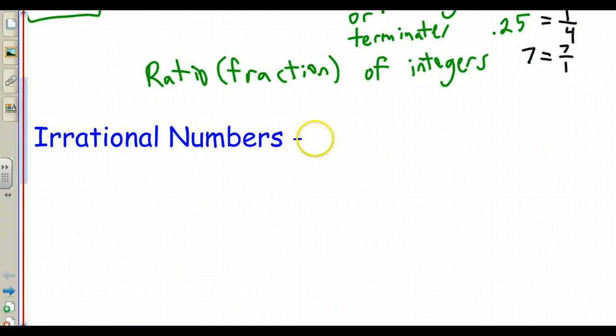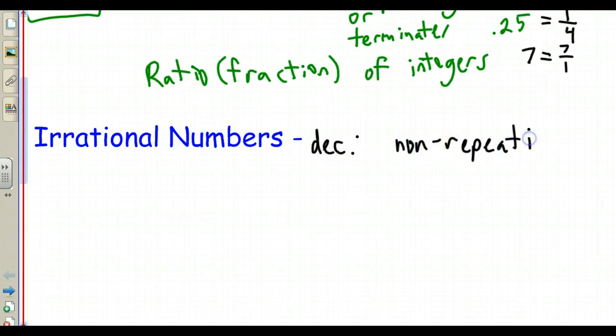Irrational numbers, the decimal has a couple of qualities. So you might say it is non-repeating, does not have any pattern to it. And non-terminating. Not just one of these qualities, but both have to be true.